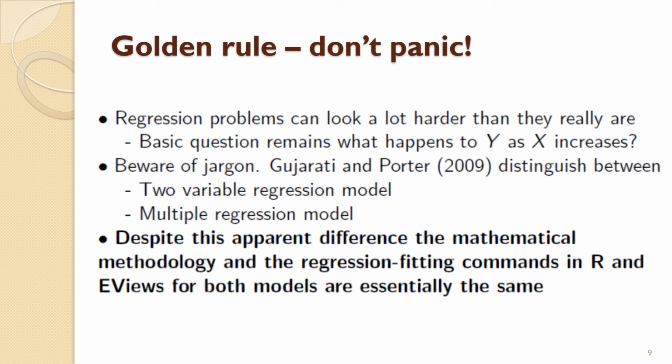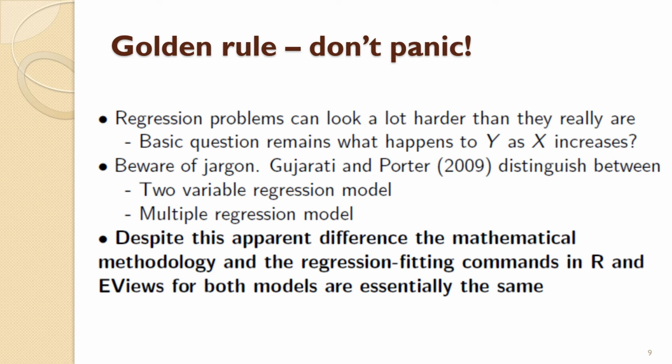So on occasion, there's some unfortunate use of jargon. Gujarati and Porter in their book distinguish between two cases here: a two variable regression model and a multiple regression model. That's not the most systematic way of approaching the subject, and I'm really not very happy about the presentation in this book.